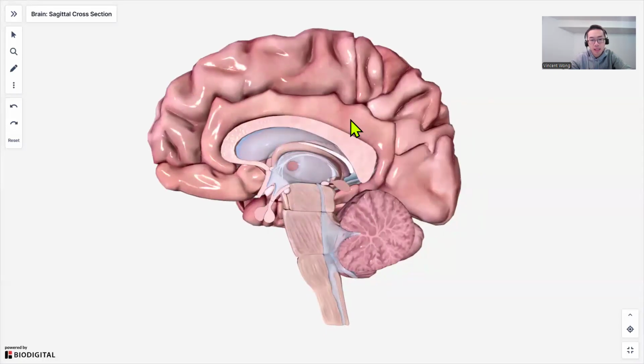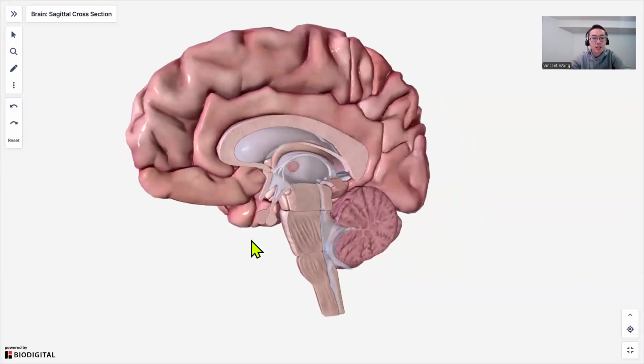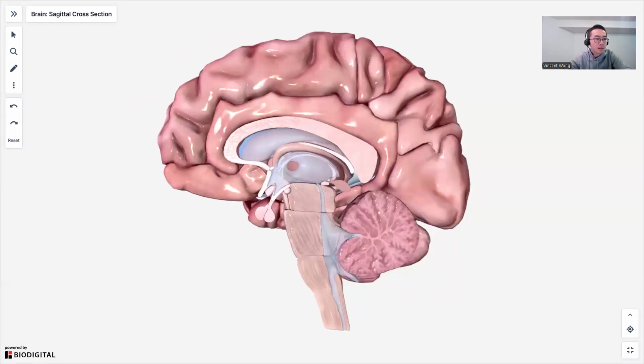You can select a part and it'll tell you what the name is, and you can right click on it and isolate it to see it by itself, or you can hide it and see things that are behind it, right? You can undo it right on the left here, undo to bring it back. It's a nice tool to help orient yourself to see where things are in relation to each other.